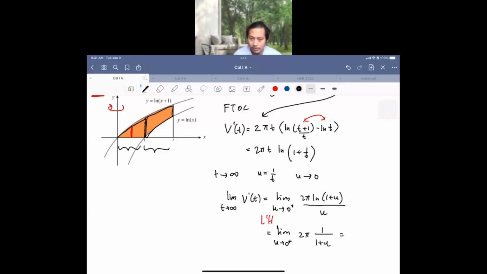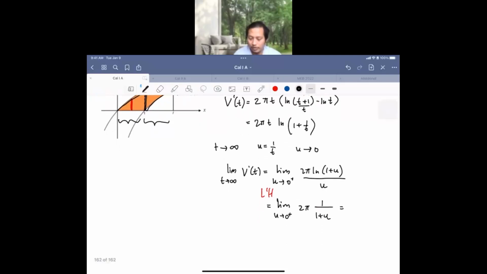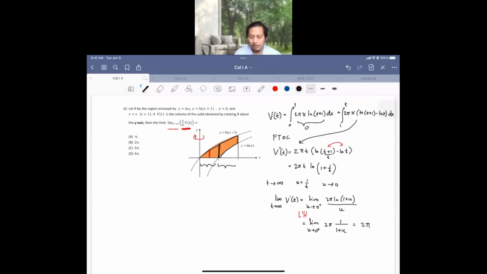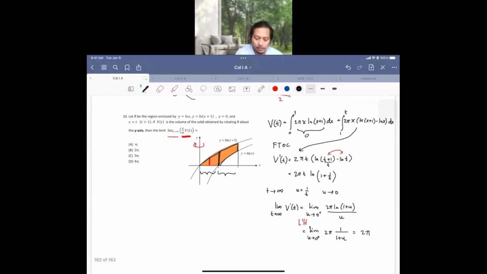And if we check through our limit, this will be 2 pi. So this is a combination of volume, the fundamental theorem of calculus, and also L'Hopital's rule. So a lot of topics in one question.